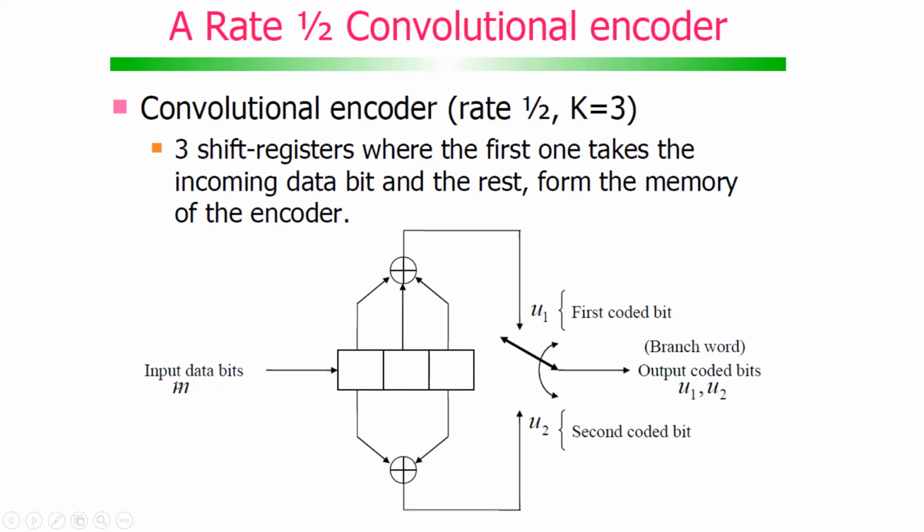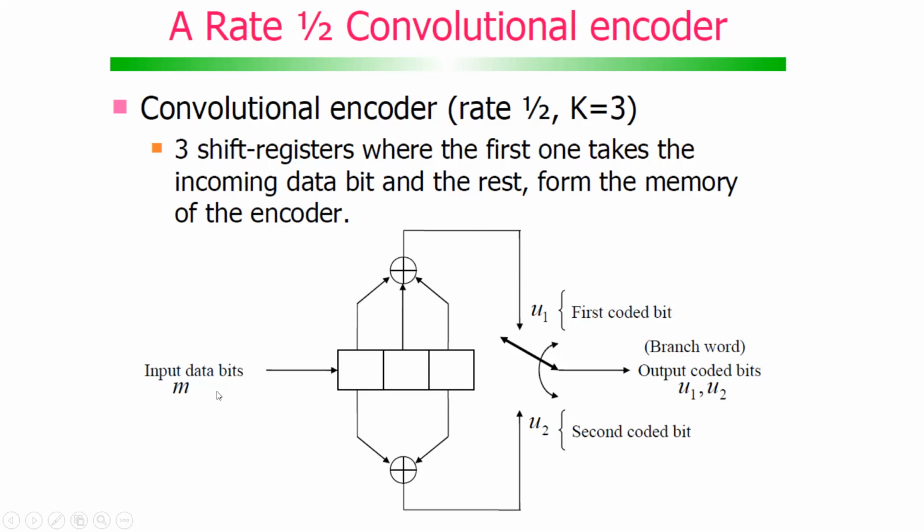So when an input bit comes, either 1 or 0, it will be placed in this first square. The second square and third square will contain the previous bits because it's a shift register. The 3 bits will be XORed to give U1. 2 bits will be XORed to give U2.